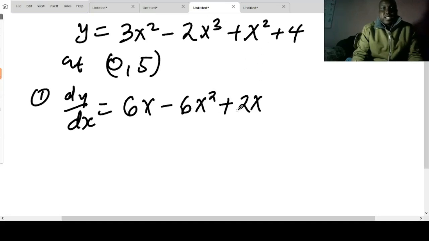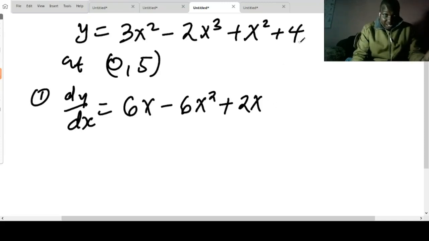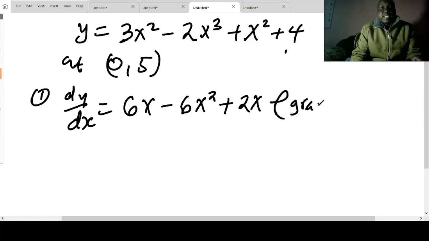The power here fell down and became 2 times 1, remained with 1. And the 4 is 0 because it doesn't have x. Now this is the gradient function. The gradient function is this.